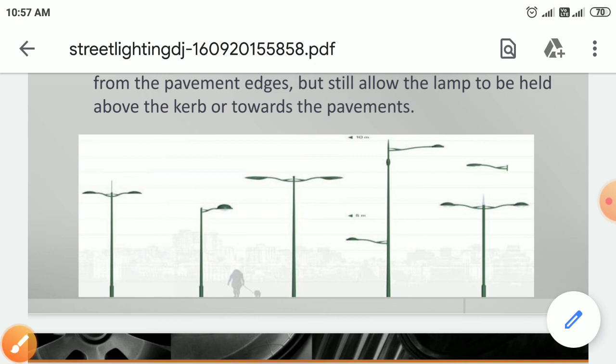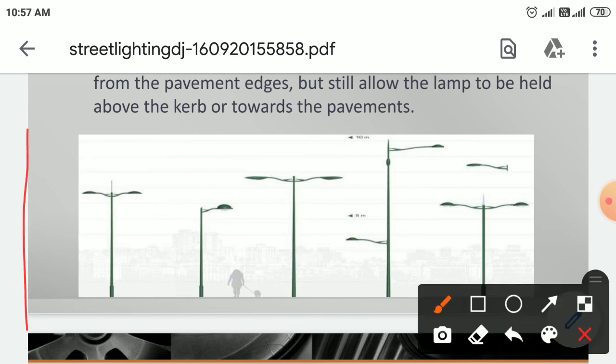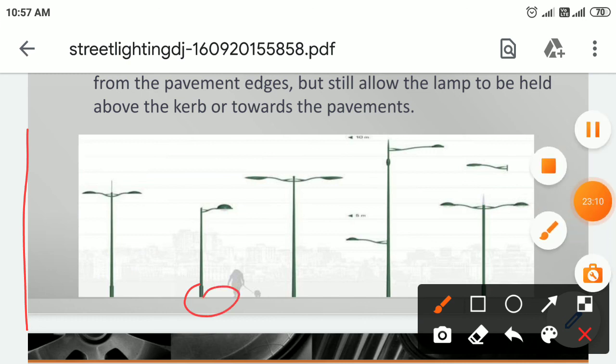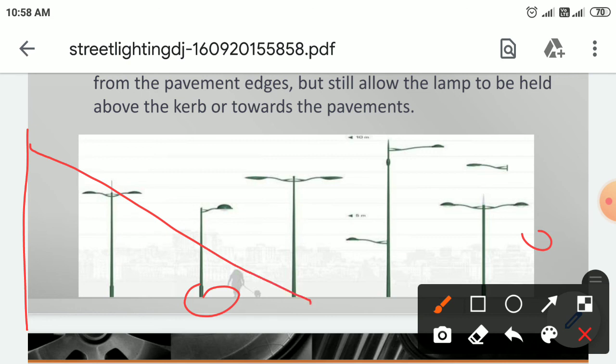For example, here is the object and the observer is here. If the angle of incidence is around 120 degrees, then a 120-degree reflection will happen. That means the observer can see the object from very far away.